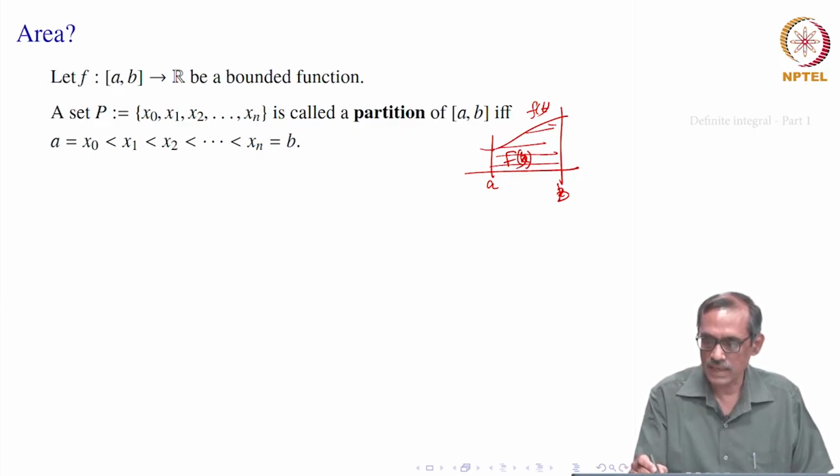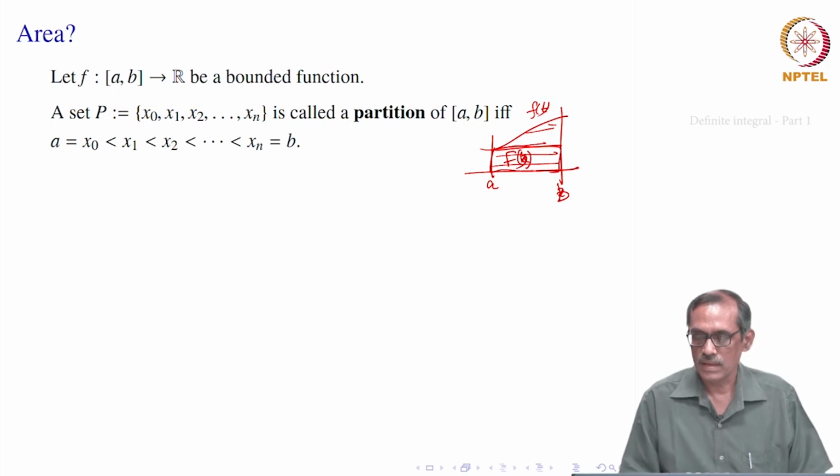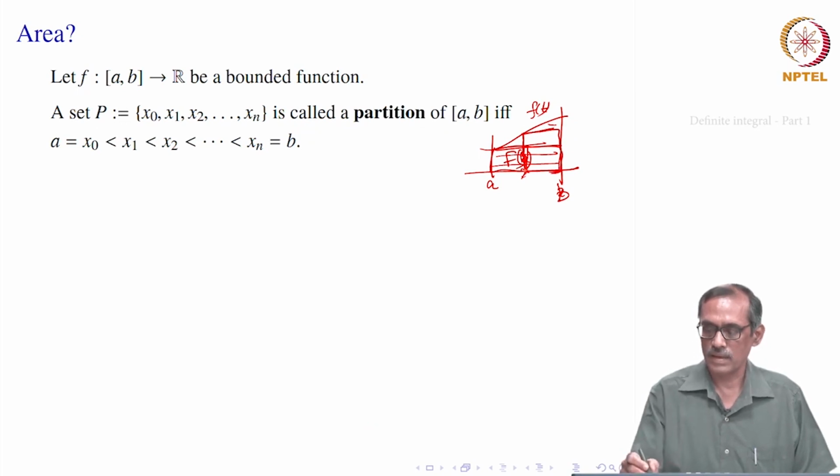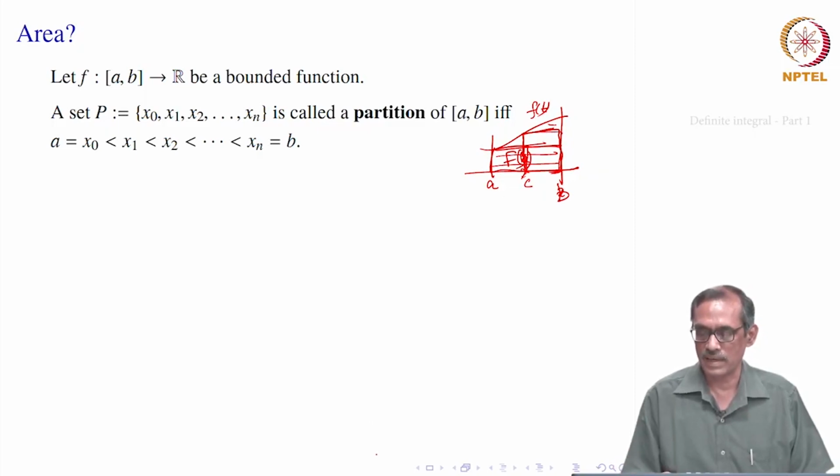If I take this rectangle from a to b, that is also an approximation of this area, but a better approximation is obtained if I divide that into two sub intervals and now take two areas. One is this area and another is this area. It is some c. So, c to b, one rectangle I get, and a to c, another rectangle I get.